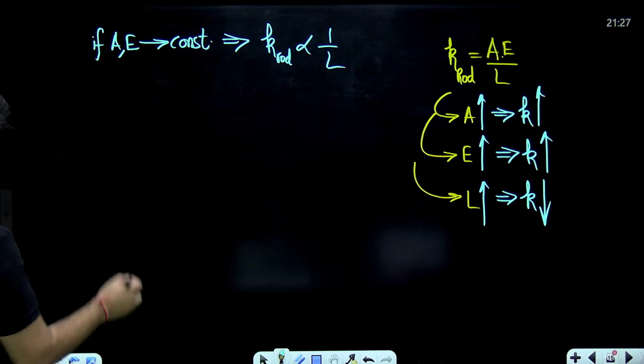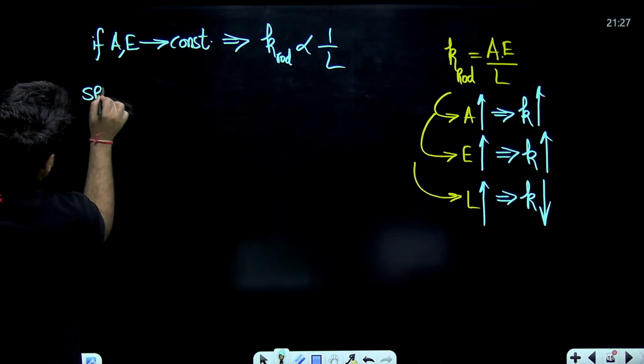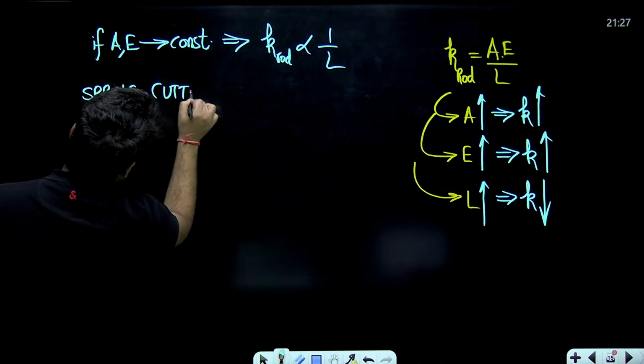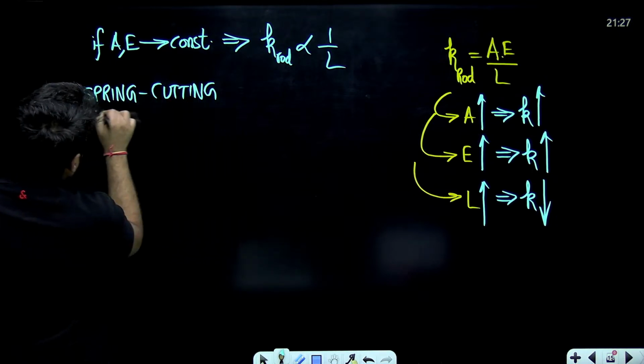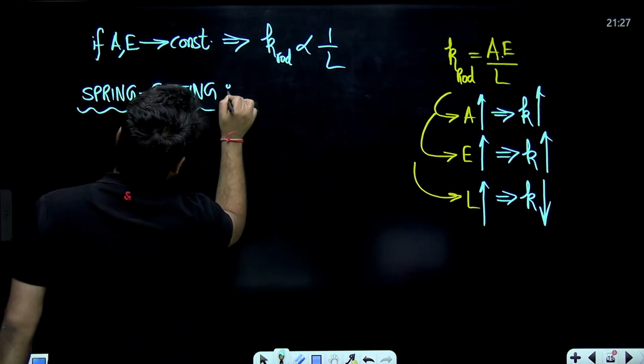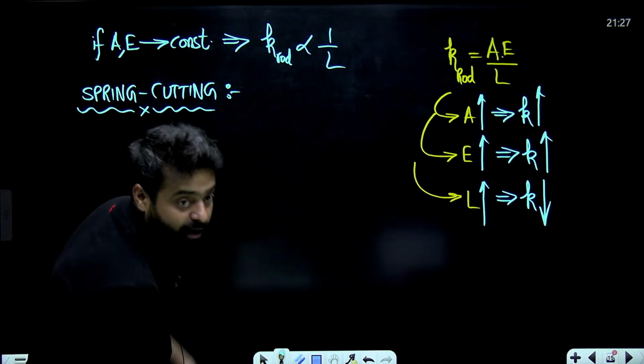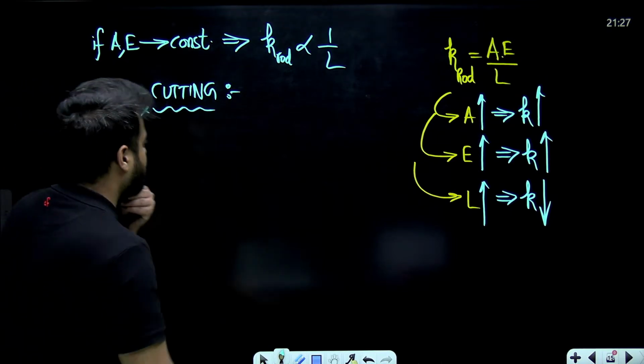And this is the way you are going to understand the spring cutting concept. There is a concept of spring cutting that I taught you in the work energy part, how the spring stiffness changes. But here I am going to teach you a lot about that from the fundamental point of view.